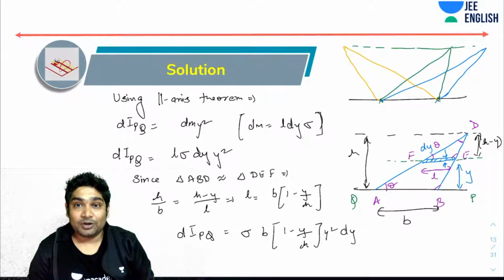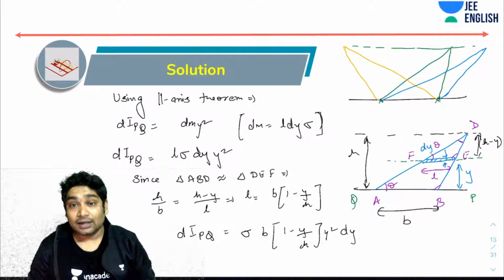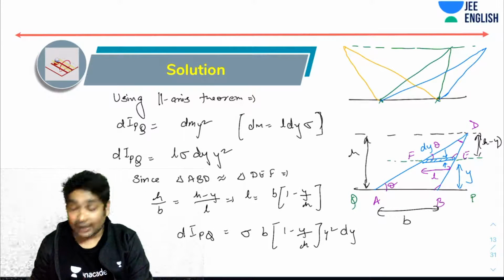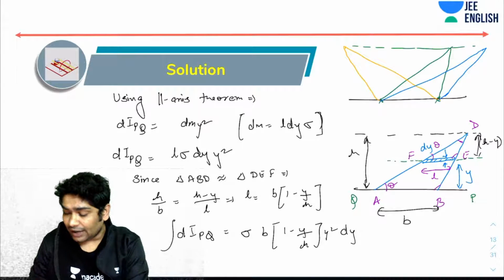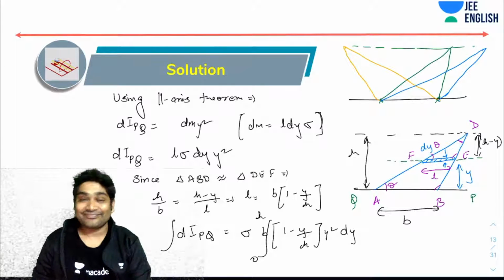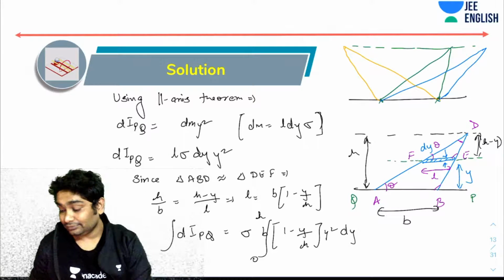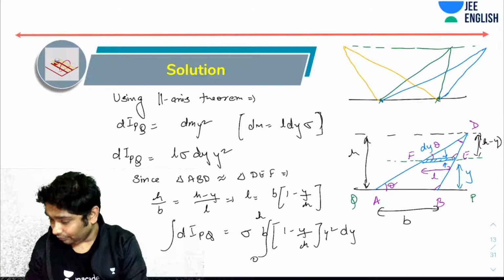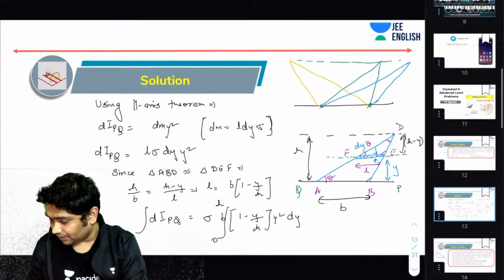Again, you can let me know if there is any step that you're not following. Now all I need to do is find the net moment of inertia. I'll integrate this, and I know the limits of y. y will range from 0 to h. Correct? Let's see, I think I'll have to add one page here.